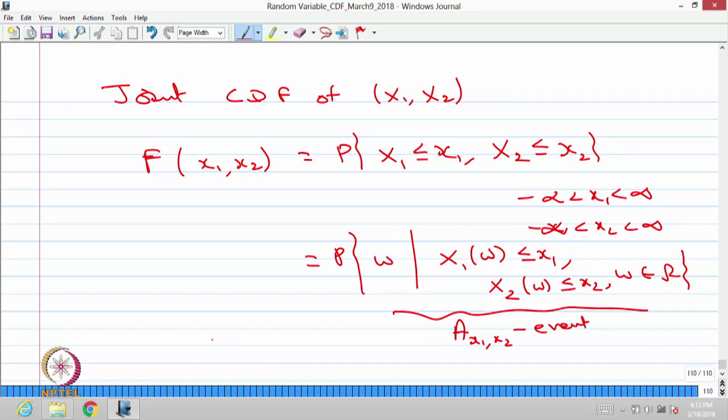With the same logic, the probability of any event obtained from the different values of small x1 and x2 is also going to satisfy the Kolmogorov axiomatic definition. Therefore, one can state the properties that are going to be satisfied by this capital F. So let me write down.